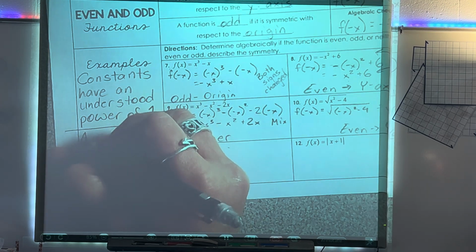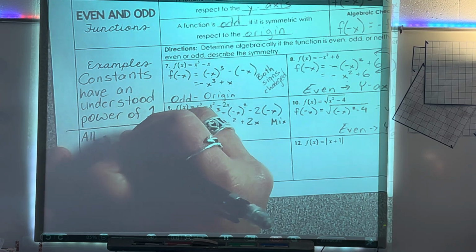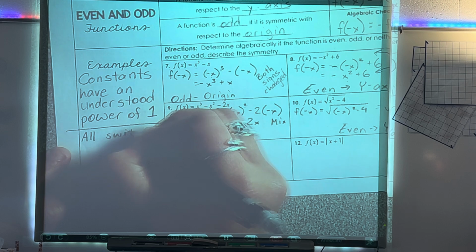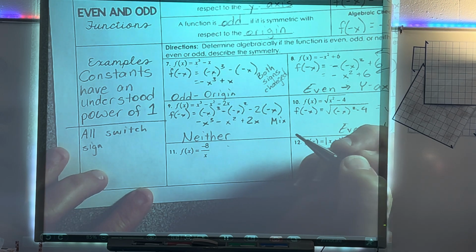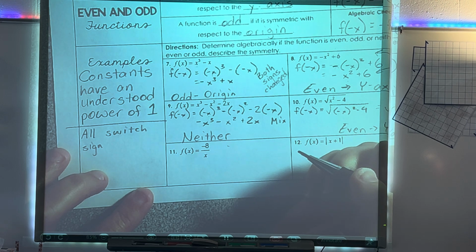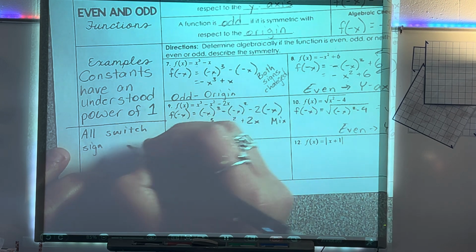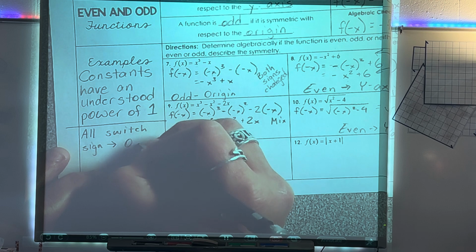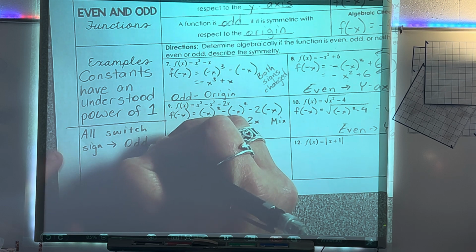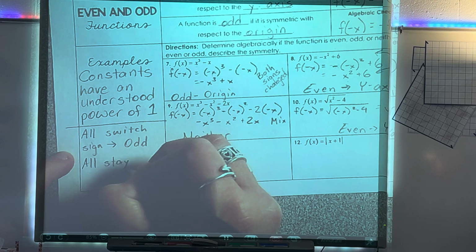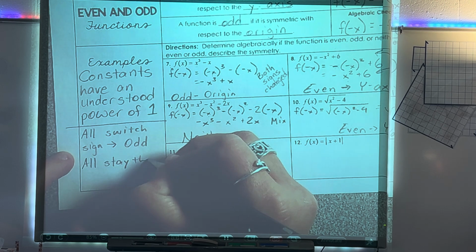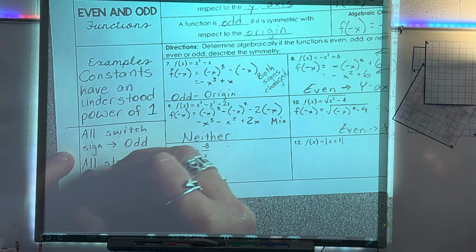Okay, so here's the deal. If all switch signs, and you should be able to tell because you should know what's going to happen if you take a negative to an even or to an odd power. If all switch signs, then it's going to be odd. If all stay, then even.